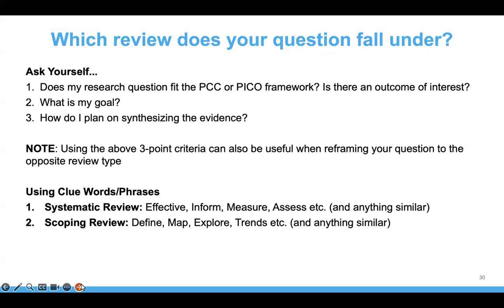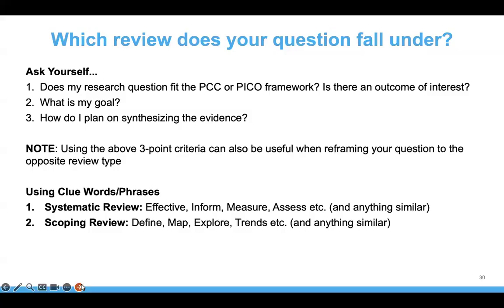You can also use the same 3-point criteria to reframe your research question to the opposite review type by having you think about the things that you may need. So for example, if you find that your research question is more in line with a scoping review, but you really want to do a systematic review, you can use the 3-point criteria to help you narrow down your scope.